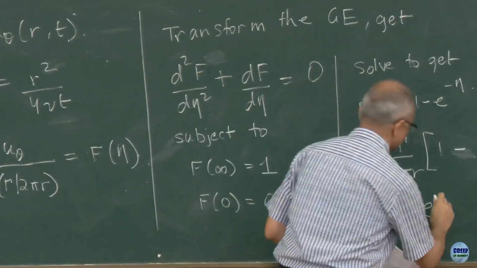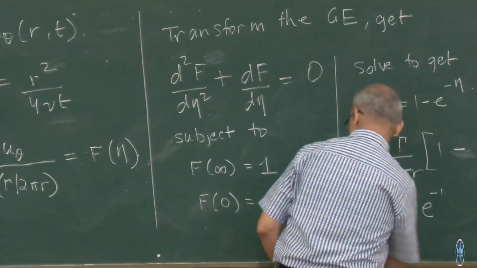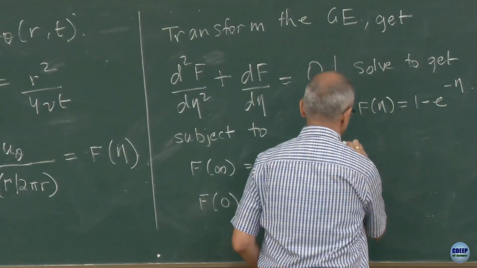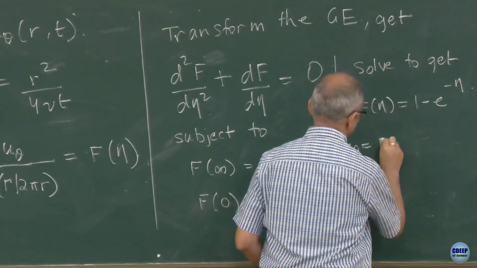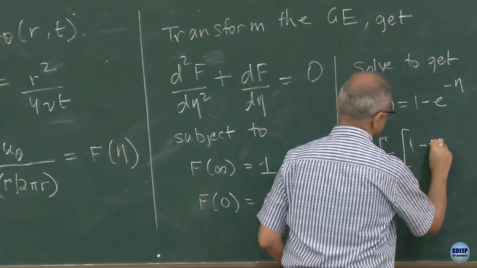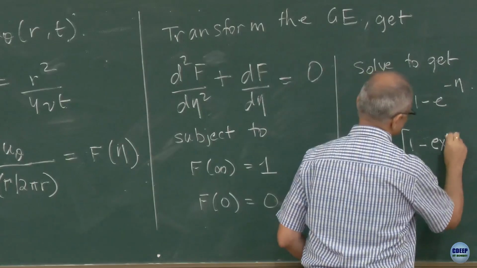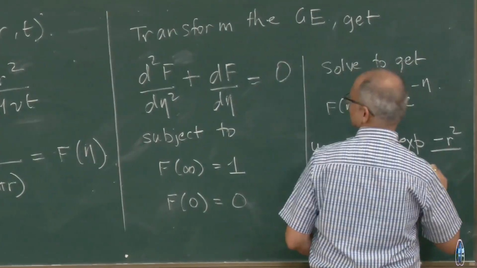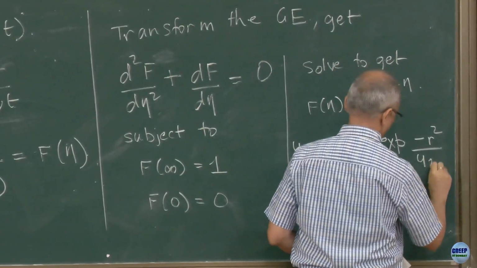So, just write it in the same line: u theta is equal to gamma upon 2 pi r times 1 minus exponential of minus r square upon 4 nu t.